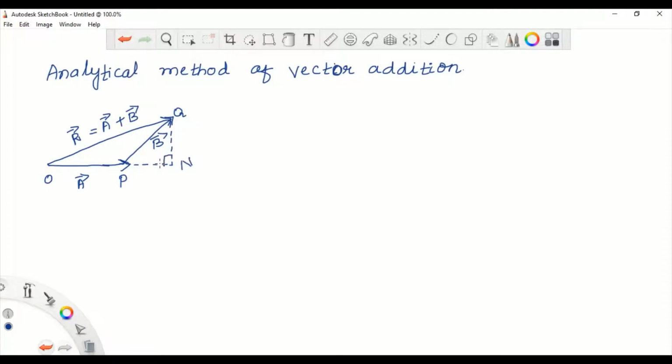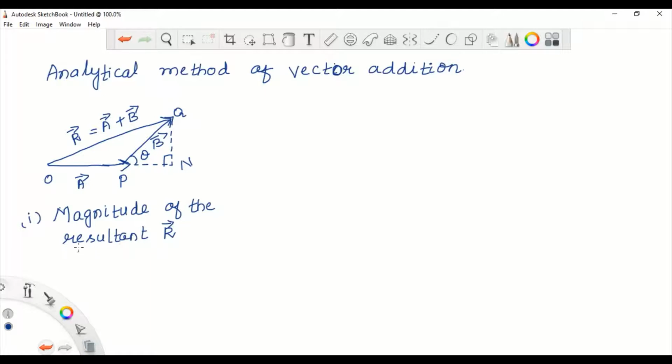This angle will become 90 degrees and these two vectors are inclined at an angle theta. Okay. So, now first here we are finding the magnitude of the resultant R. Okay, so this is our first part.